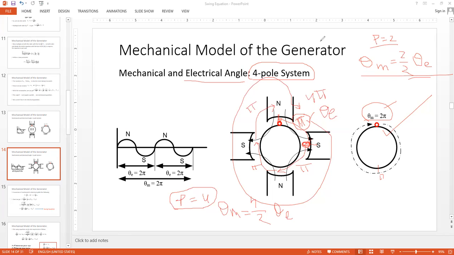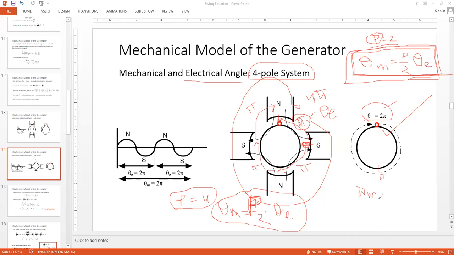So instead of 2 here, we try to generalize, and simply write P. Is it okay? So you see, if I use this relationship, I can have a generalized relationship between theta m and theta e in terms of the number of poles present in a machine. So this is the generalized relationship between the mechanical angle measurement and electrical angle measurement.